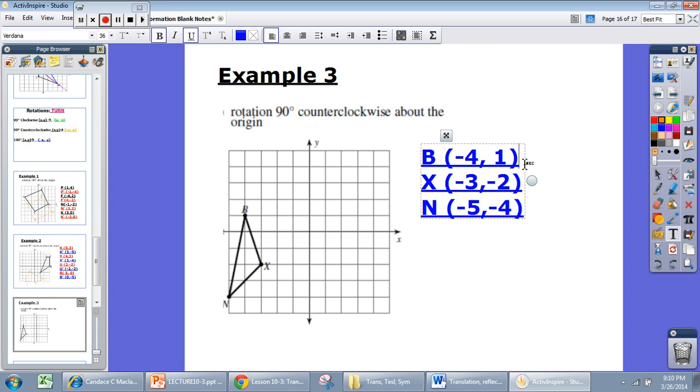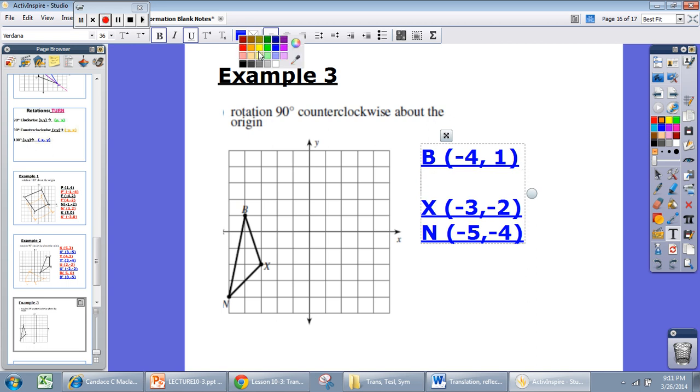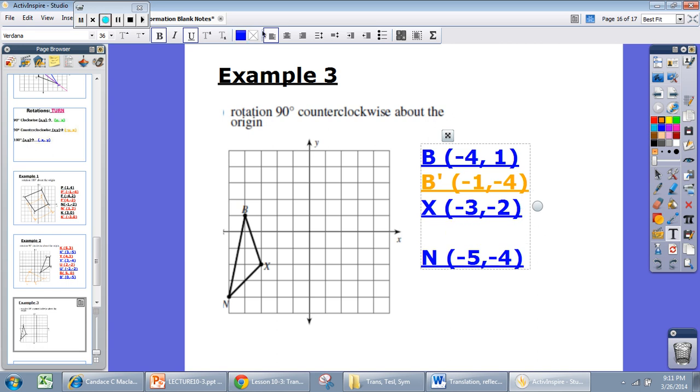So switching and making y negative. B prime is going to be negative 1, negative 4. I switched them and made y, which was originally 1, negative. Let's do x.